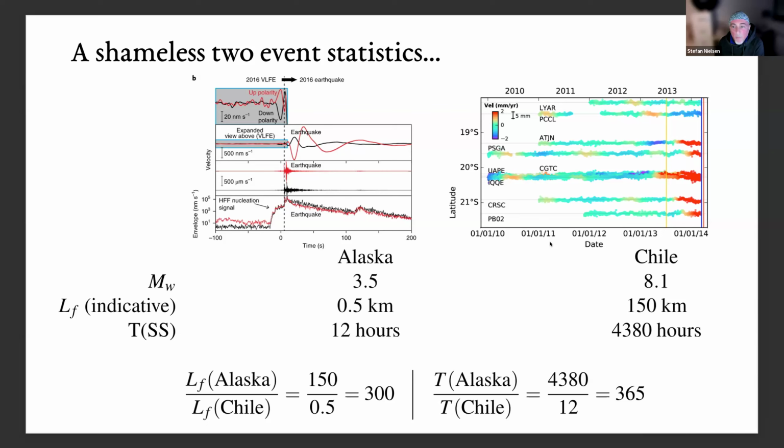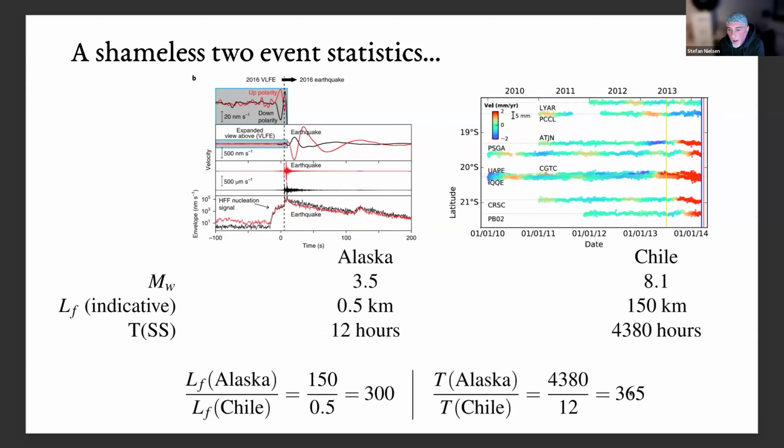So if I take these 2 faults, in the case of the Chile Iquique earthquake, the indicative fault size is 150 kilometers, and the duration of the preliminary phase here was several months, which translates into about 4,000 hours. And if I take the ratios of the two lengths and the ratio of the two times, I get something which is of the same order of magnitude.